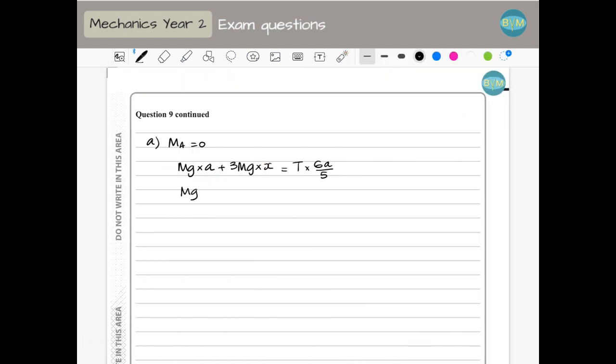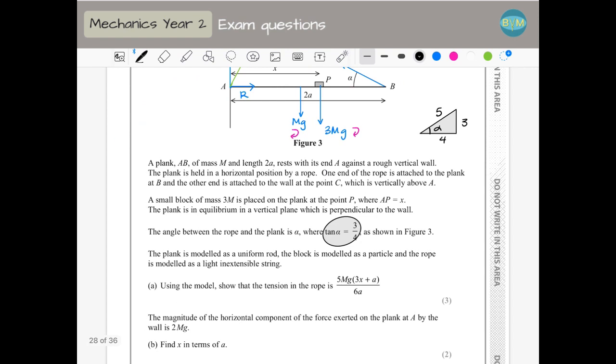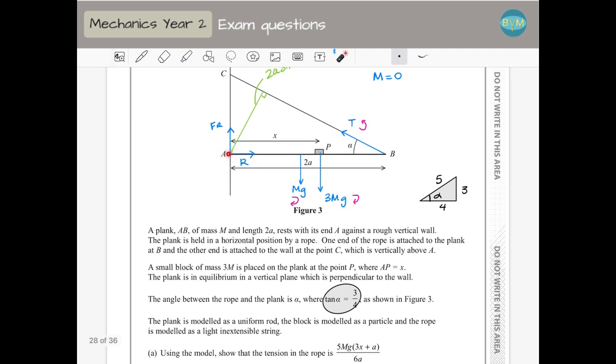So mg times (a plus 3x) is going to be t times 6a divided by 5, which means that t is going to be 5mg brackets a plus 3x all divided by 6a. And I think it's what I have there, no? Yeah, so that's the first part, just taking moments about A.